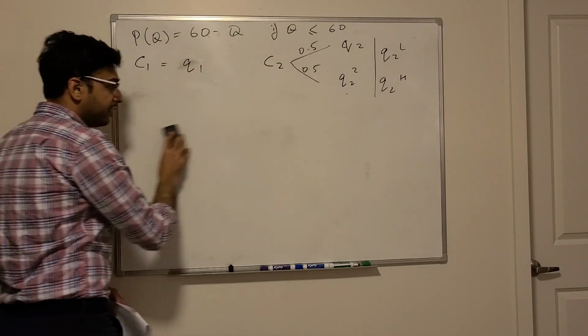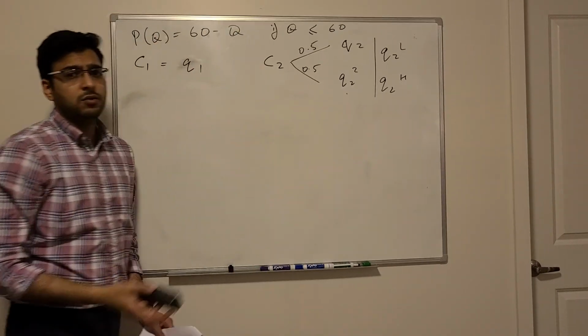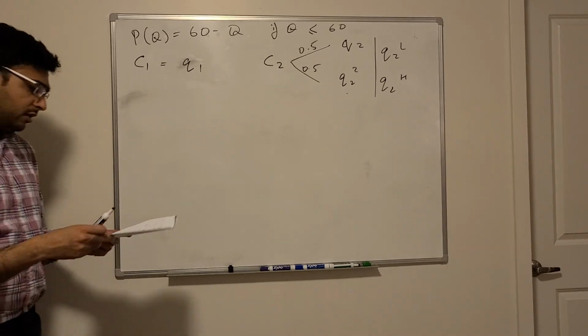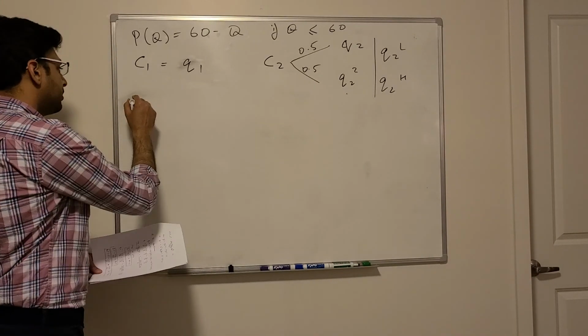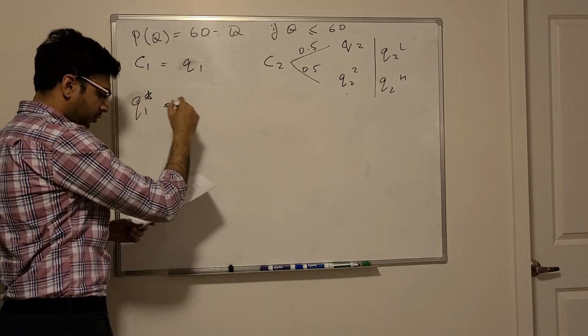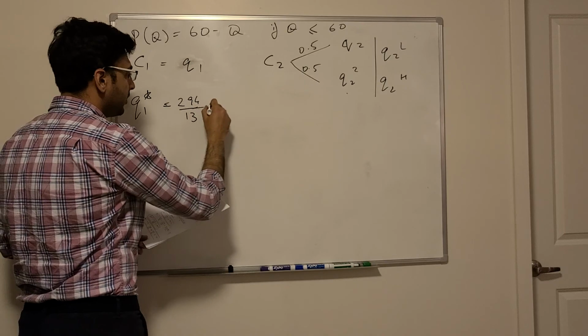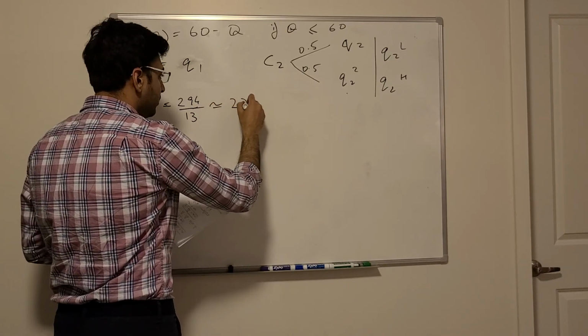With 3 linear equations and 3 variables, what I find super easy is substitution, and so that's what I did. And so I got Q1 star equals 294 divided by 13, which approximates 22.62.